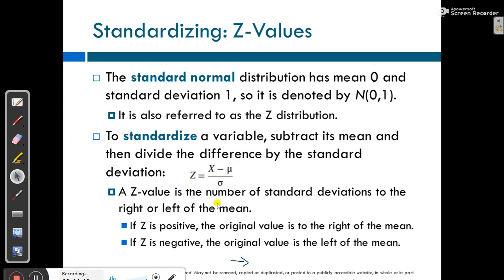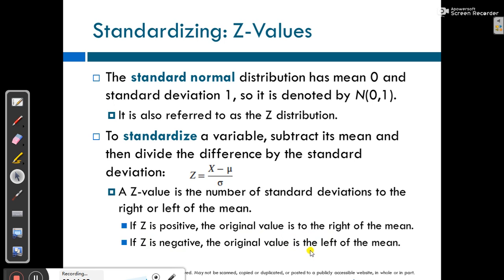A z value is the number of standard deviations to the right or left of the mean. If z is positive, the original value is to the right of the mean, and if z is negative, the original value is to the left of the mean.